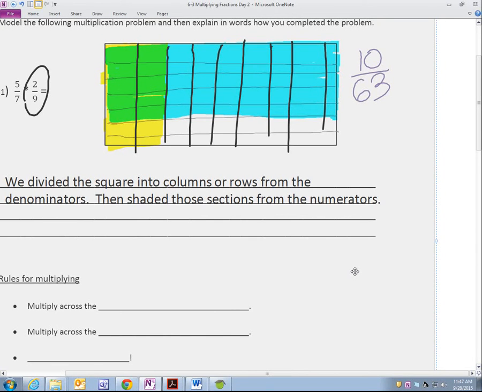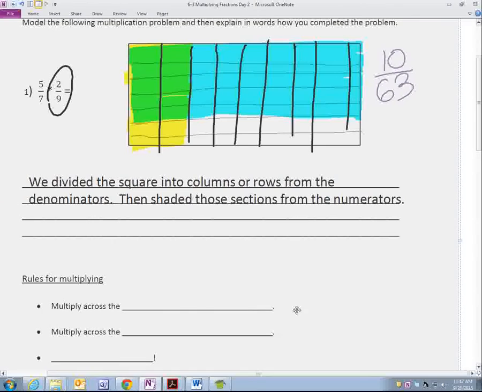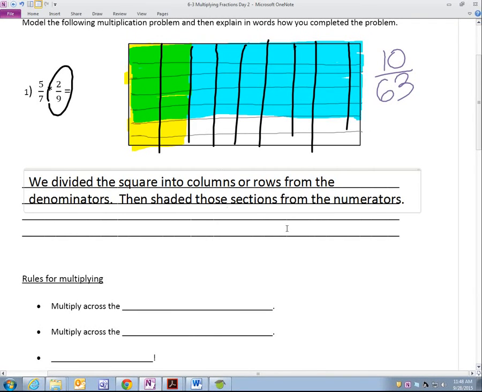We divided the square into columns or rows from the denominators, then shaded the corresponding sections from the numerators.